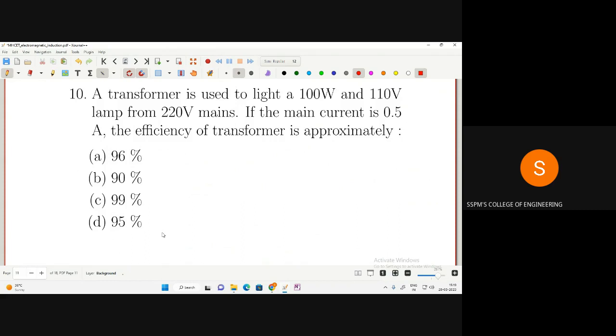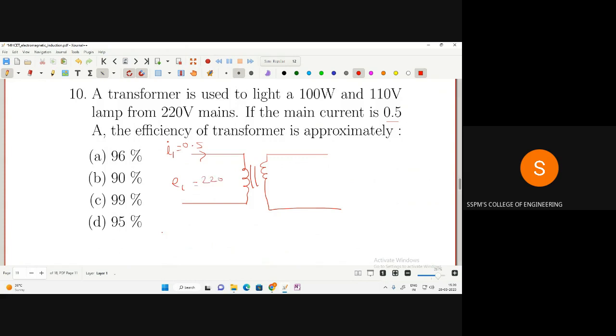See how to solve this. Let us draw the diagram of the transformer. It consists of primary winding and secondary winding. The current flowing through the primary, let's consider I1. See how much I1 is given: 0.5. The main supply current is the primary current, connected to the primary, 0.5. And see how much E1 is given: 220 volts.